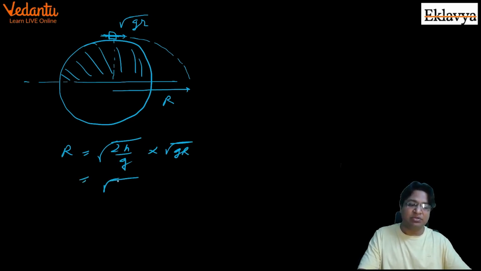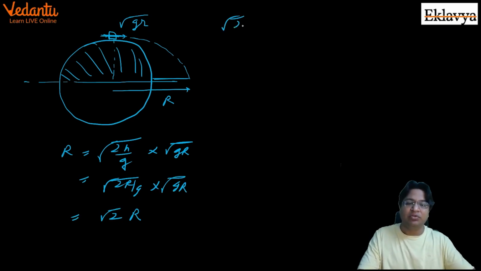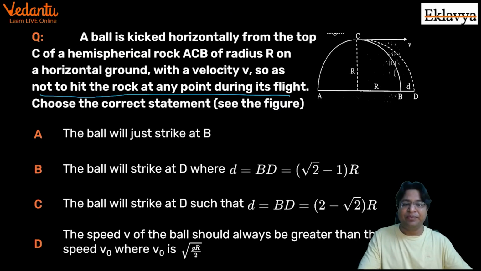So this becomes root of 2r by g into root of g into r. g gets cancelled. So we get root 2 into r. So this distance is root 2 into r, which means that this distance would be root 2 r minus r, as this distance is r. So the ball will strike at D.